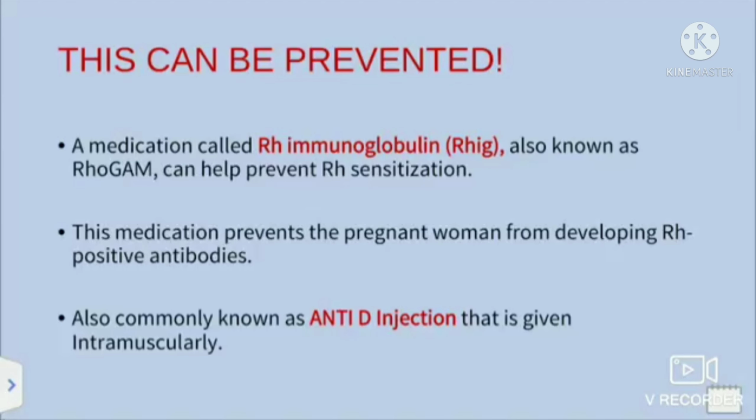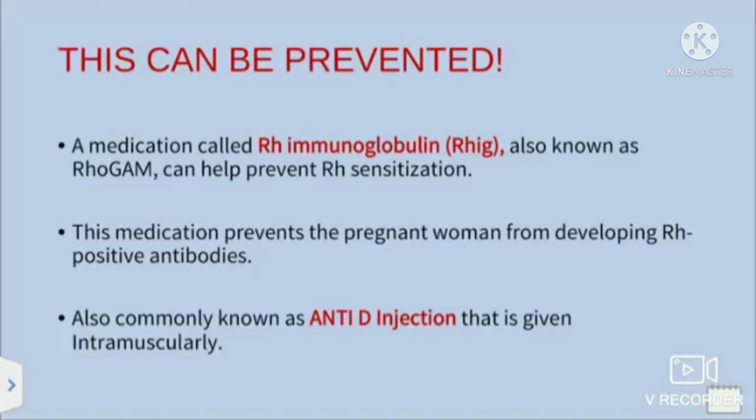But this condition can be prevented. There is a medication, an injection known as RH immunoglobulin, also known as RhoGAM, that can prevent RH sensitization. This medication prevents pregnant women from developing RH positive antibodies.